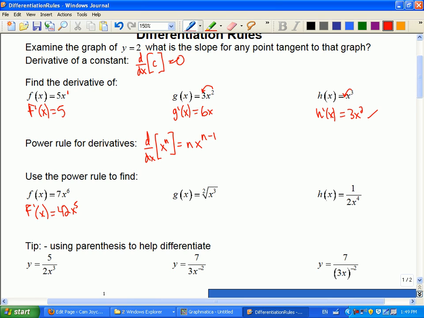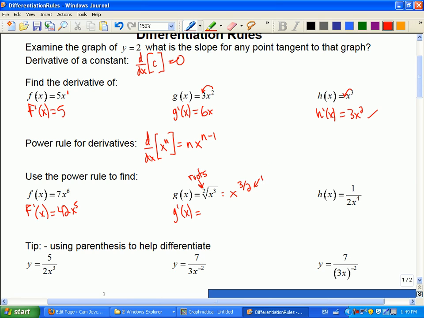The next one is a little trickier. Anybody have a suggestion to help us out? Rewrite it, yeah. So if we want to rewrite this one, how would you write that? It would be an exponent. Do you know what the exponent would be? 3 over 2. Yeah. So 3 over 2 is the exponent. I always remember that if I forget, the roots are on the bottom like a tree.